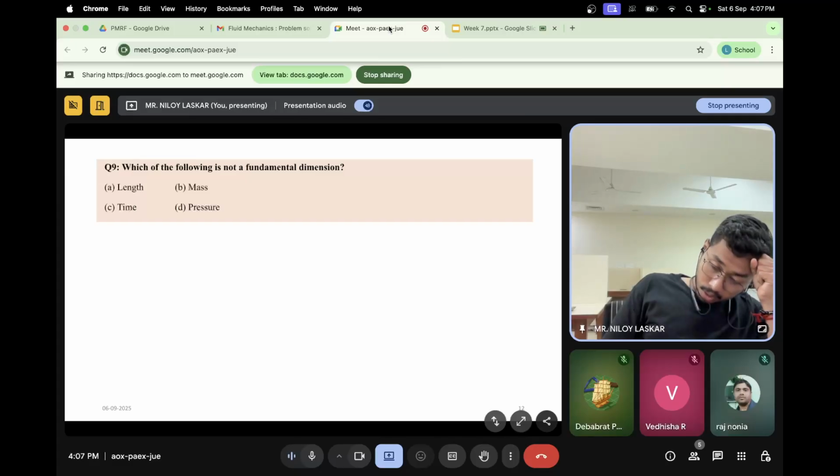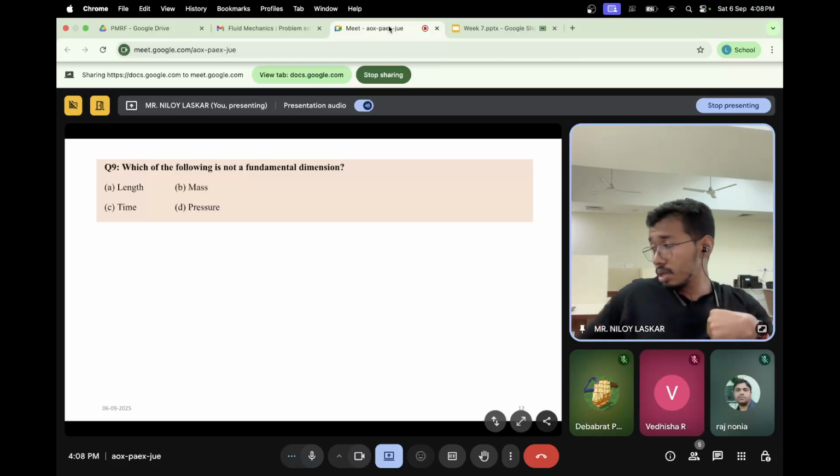Which will be the answer and what will be its unit? Any idea about this question?